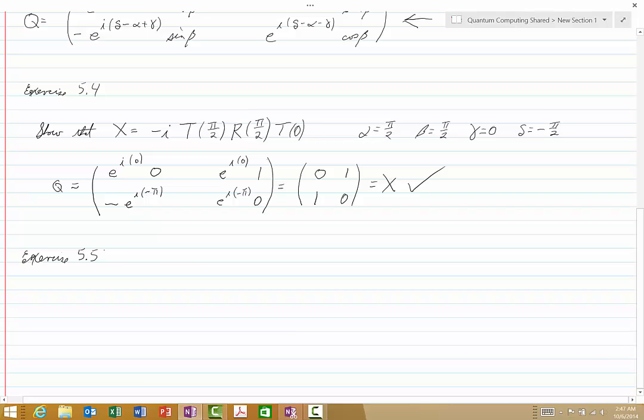And as your book tells you, what stabilization means is that psi is stabilized by U means U of psi equals psi.